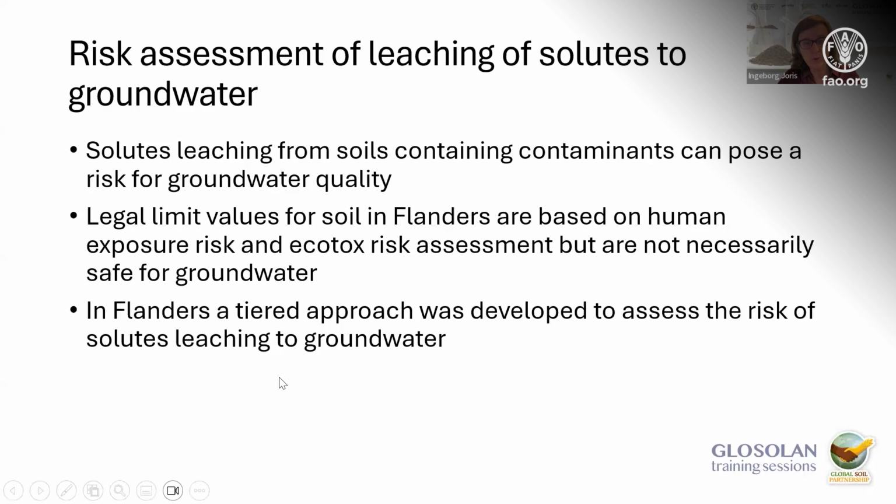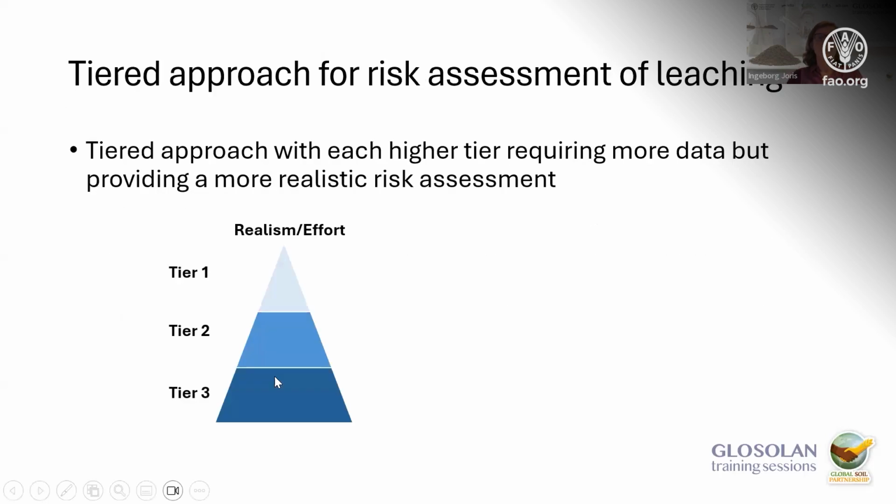And it's a tiered approach. A tiered approach is something that is often applied in all types of risk assessment. It means that you can do the risk assessment with different levels of complexity. If you don't have a lot of data, you can do a tier 1 approach. You don't need a lot of data, it's very basic, and you get a very conservative risk assessment.